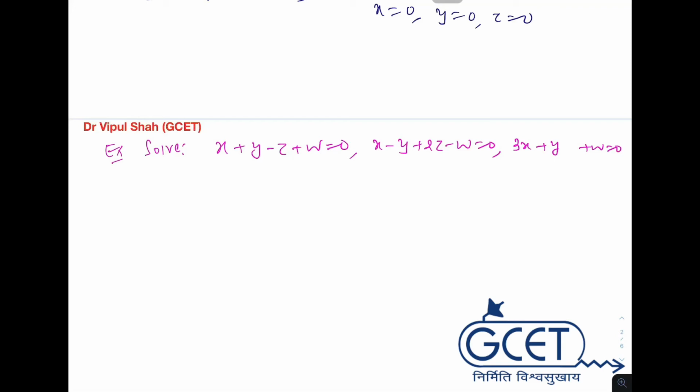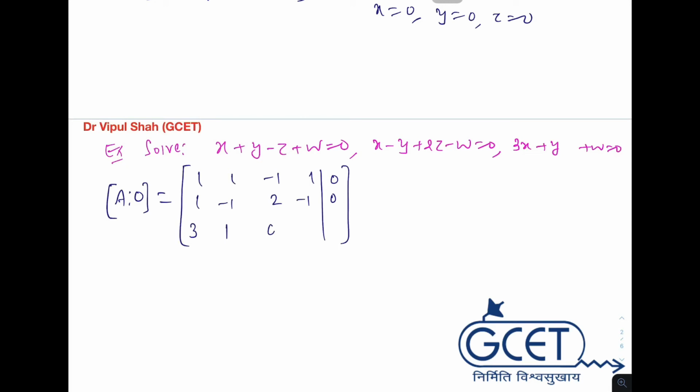Okay. So now let us have the augmented matrix. 1 1 minus 1 1 0, 1 minus 1 2 minus 1 0, this is 3 1, then there is no z, so 0 and 1 and 0.